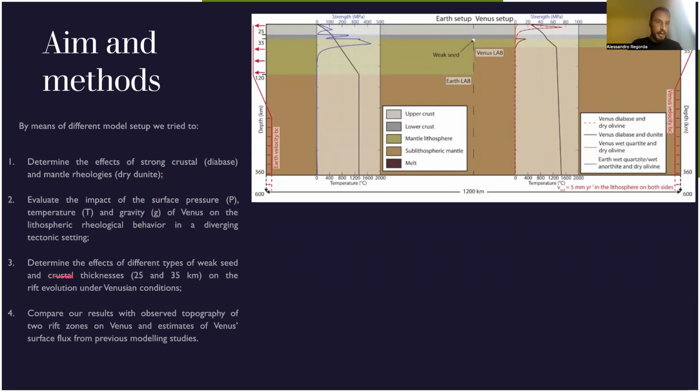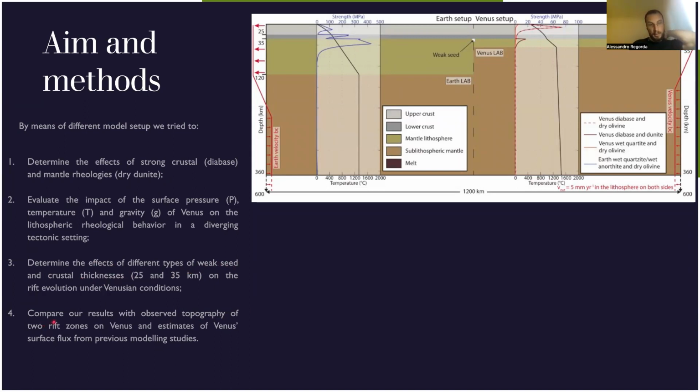And then I'll show you the results of the models characterized by all the Venus conditions, so pressure, temperature, gravity, lithospheric thickness, and we tested the effects of different weak seeds and crustal thicknesses.